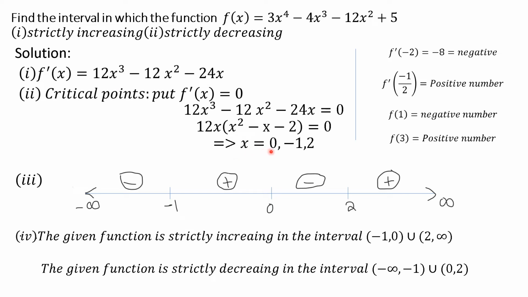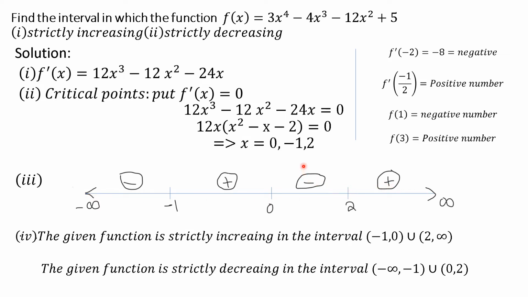Here x is equal to 0, x is equal to minus 1 and x is equal to 2 are the critical points. This is what you have to keep in mind. Here they did not give the interval, so I took the real line, minus infinity to plus infinity.